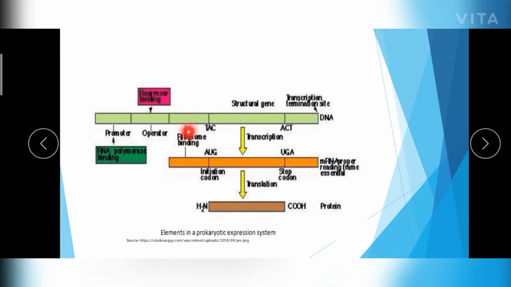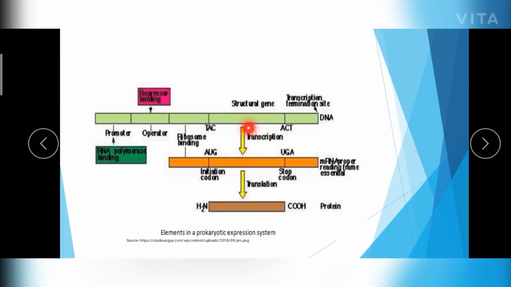The RBS is the ribosome binding site where the ribosome comes and binds. Then TAC and ACT are the transcription start point and transcription end point, and the portion between the start and end point is our structural gene open reading frame. This is the one which is actually transcribed and made into protein.